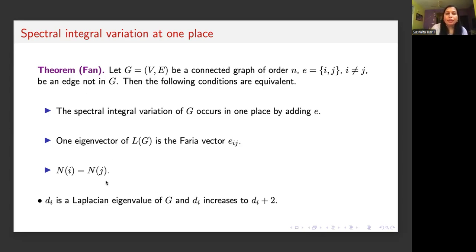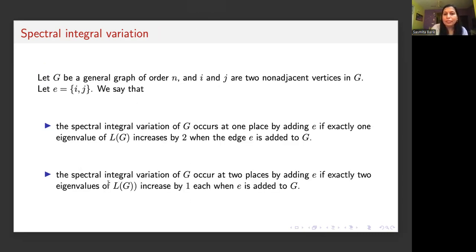Considering any particular eigenvalue, you can also look at the problem. But as I told, the second problem, when the spectral integral variation occurs at two places, was handled by Steve. He has also characterized that case, but it is not through graphs, so I could not present it here. By looking at the Laplacian matrix structure, you can say when it will happen.